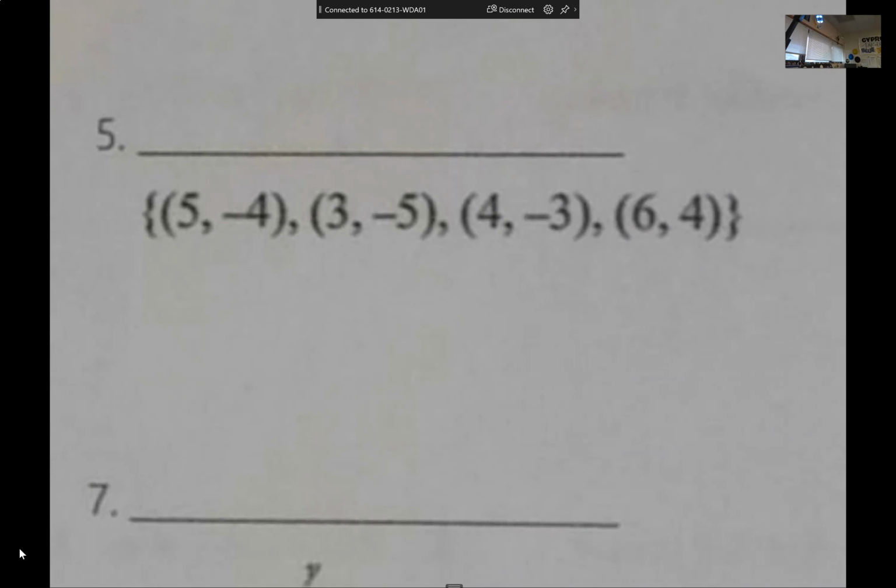Good job. So almost everybody has the right numbers, but remember, it's got to be ordered. So this one, it should be 3, 4, 5, 6. Okay, one more, and then we'll move on to the other kind of domain.